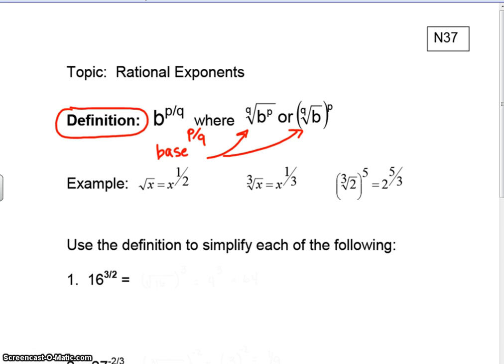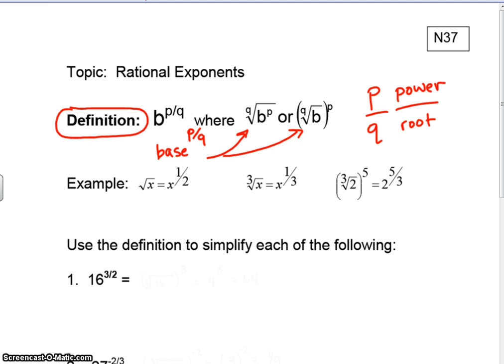Just make sure you remember that when you look at your fraction, P over Q, this is going to be your power, and this is going to be your root. The power and the root.